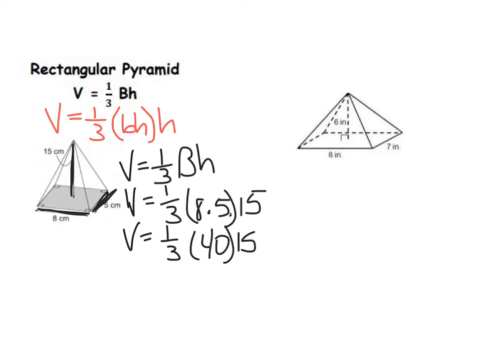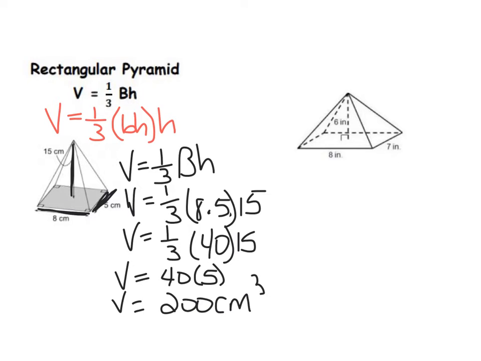Which would be what? 5. So then I'm going to do a third of 15. So that's going to be 40 times 5. And 40 times 5 is going to be 200. And again, because it is volume, it's going to be cubic centimeters. And that's all you have to do. As long as you get a third of one of the numbers, then you're done with doing a third.